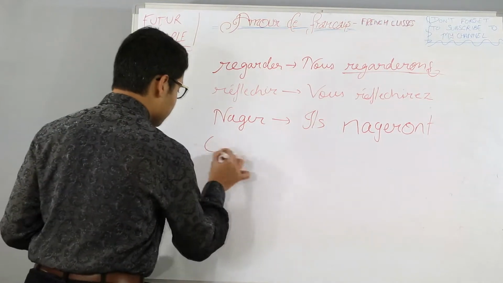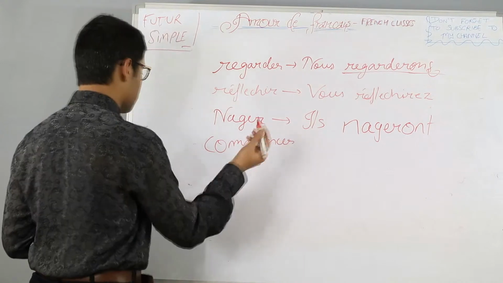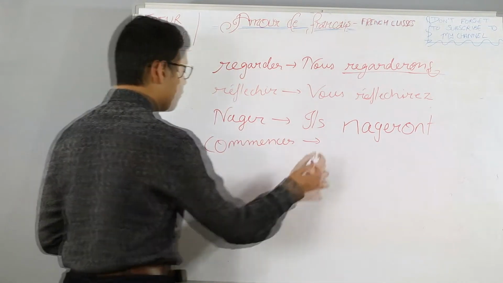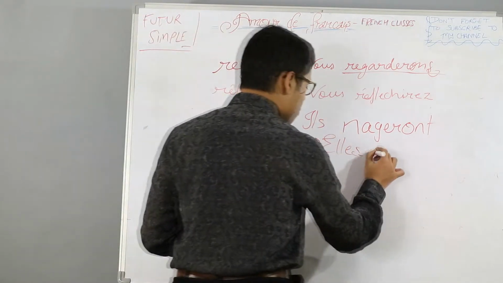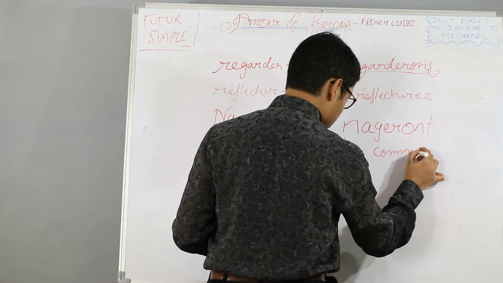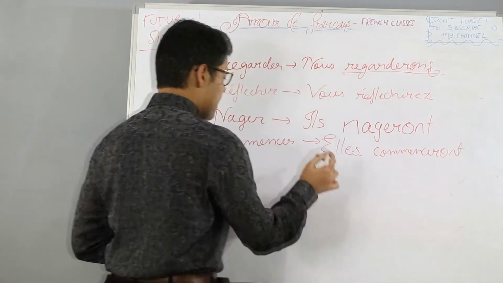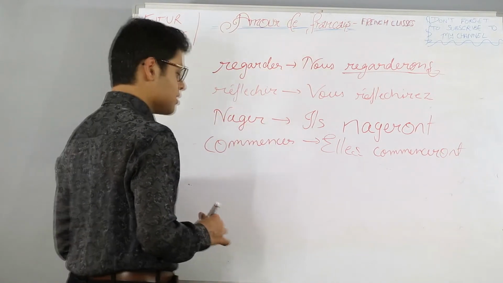Now the last one, which is commencer, the same example which we took earlier, a CER ending verb, which means to start. Let's make it with elles: commencer, and then the ending ont. Elles commenceront means they will start.